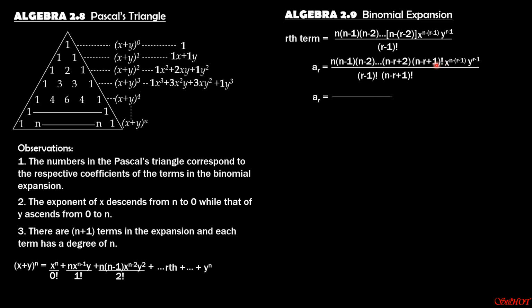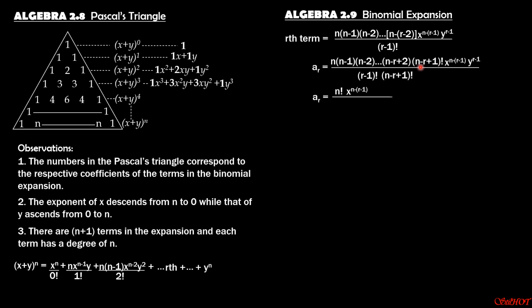Then 4 factorial is actually 4 times 3 times 2 times 1. Therefore, the numerator is actually n minus 1, n minus 2, up to 1. Or in short, the numerator is simply n factorial.